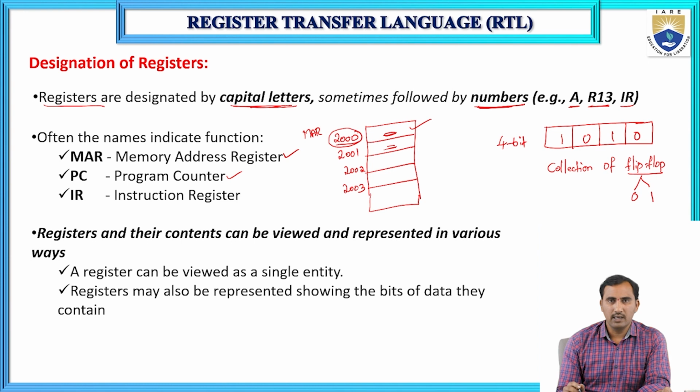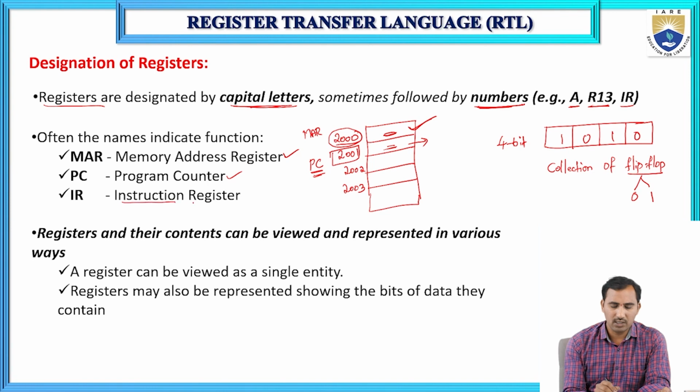That's why the address of the next instruction to be executed is stored in the program counter. So after executing the first instruction, the second instruction is at address 2001.